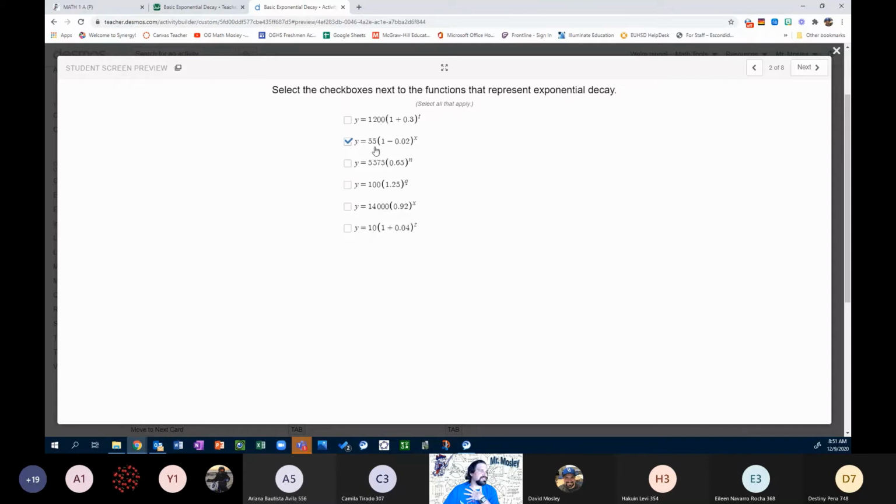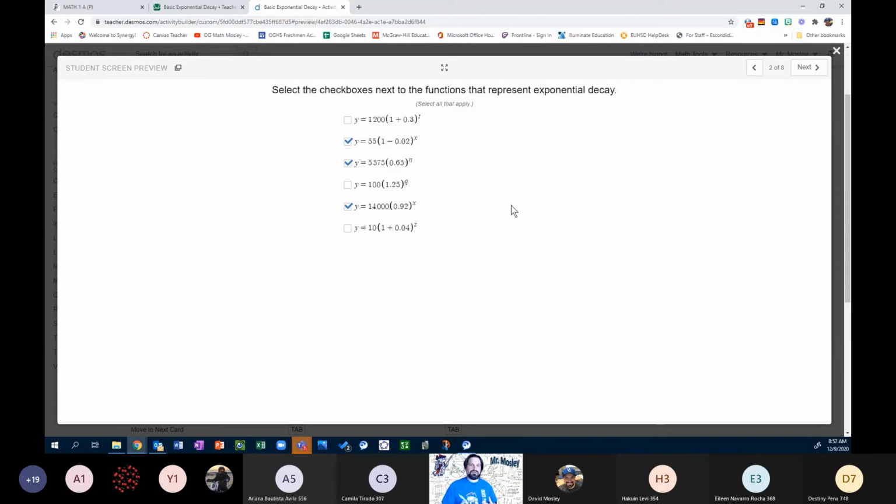We're subtracting something from 1, so the value being multiplied over and over again is less than 1. y equals 5,575 times 0.65 to the power of n is also exponential decay. And 14,000 times 0.92 to the power of x is also exponential decay. Once again, we are multiplying by a value less than 1.